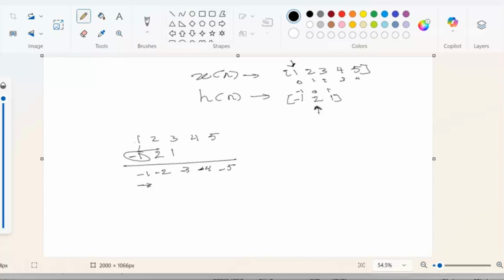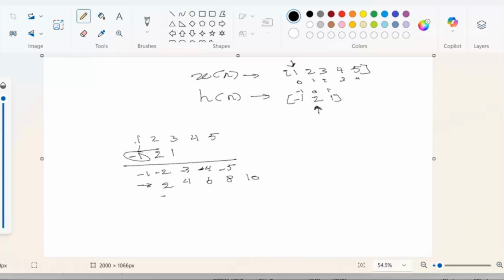This is very important. Then we multiply this sample by each individual sample of x of n. So it's 2 times 1, 2 times 2, 2 times 3, 2 times 4, and so on.